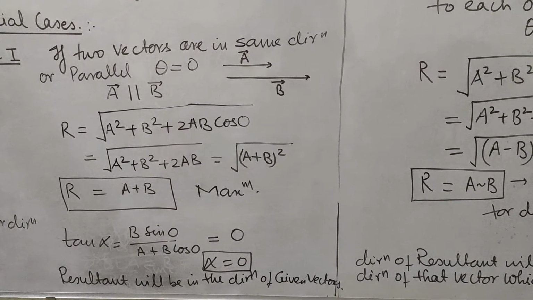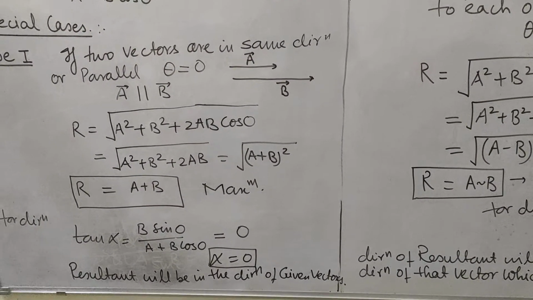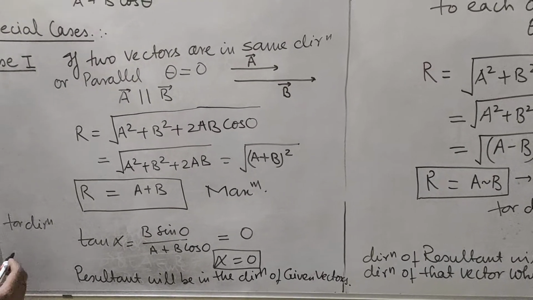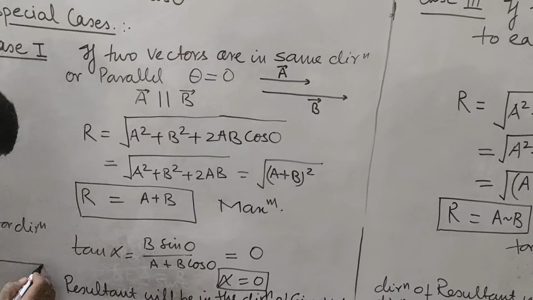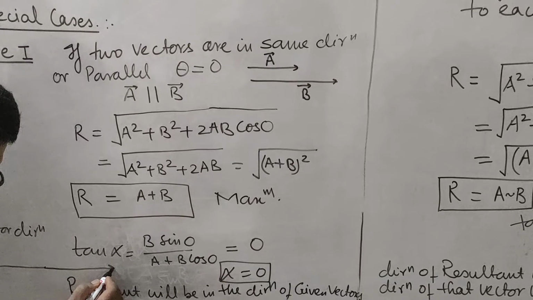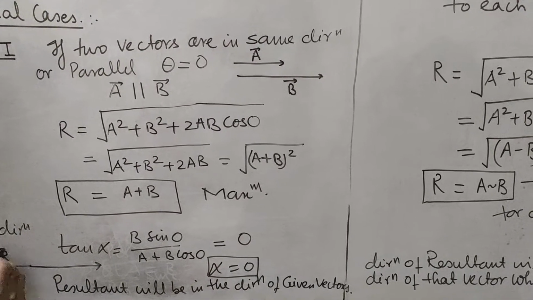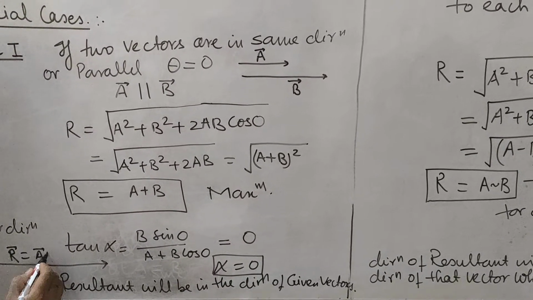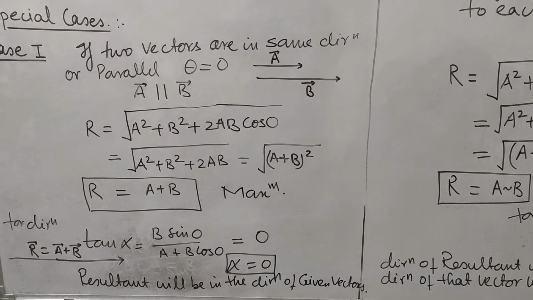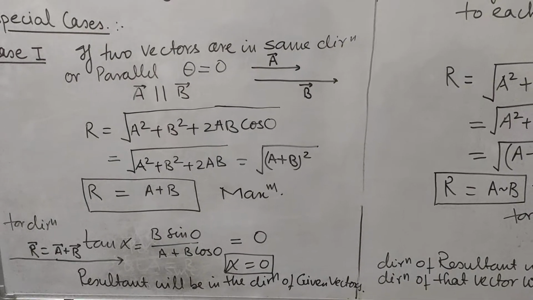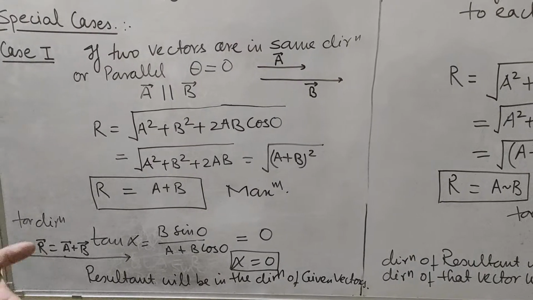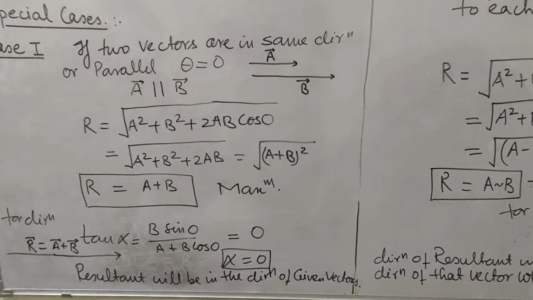So the resultant vector can be given as R, which is A plus B. This is case 1. When the two vectors are parallel or in the same direction, the resultant will be maximum, and the direction of the resultant will be along the given vectors.